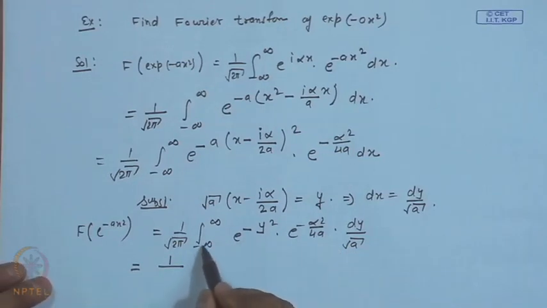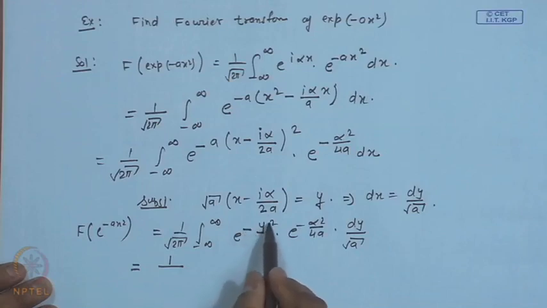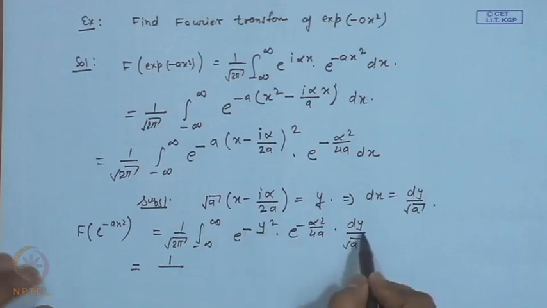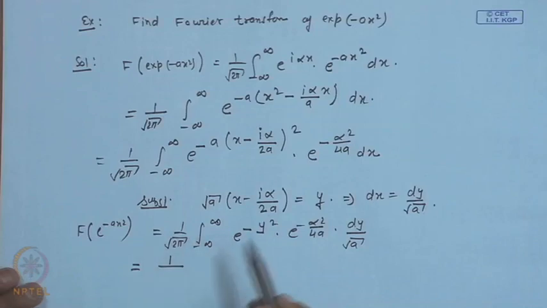So here, minus infinity to plus infinity e minus y square dy, that's a Gaussian integral and the value is square root pi, so that will be cancelled with this. So this is anyway a constant, we have taken out of this integral.